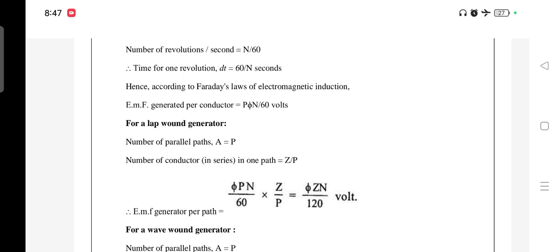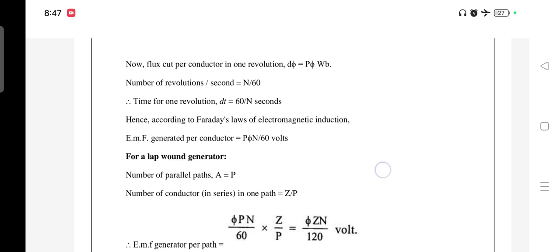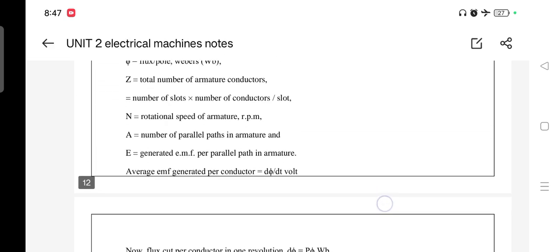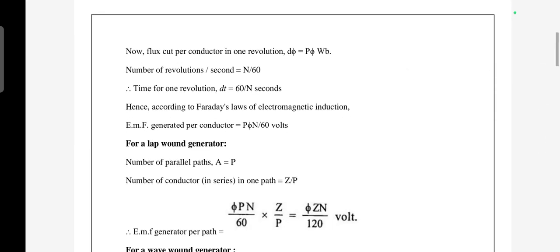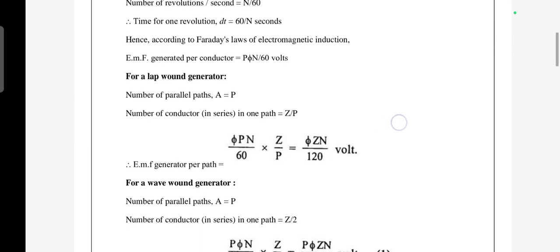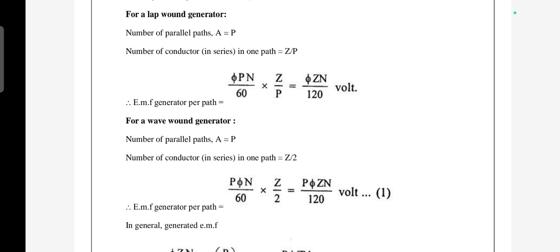For a lap wound generator, the number of parallel paths A is equal to P, and the number of conductors in one path is equal to Z divided by P, where Z is the total number of armature conductors and P is the number of poles. For a wave wound generator, the number of parallel paths A is equal to 2, and the number of conductors in one path is equal to Z divided by 2.